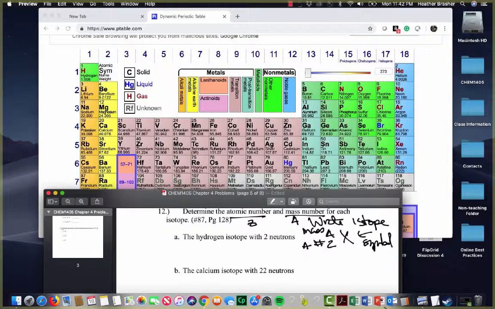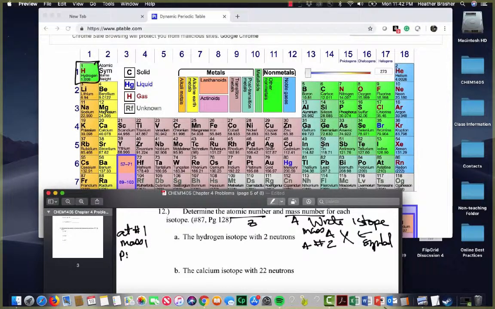So let's look at hydrogen. It's right up here. Regular old hydrogen has an atomic mass of 1 and an atomic number of 1.